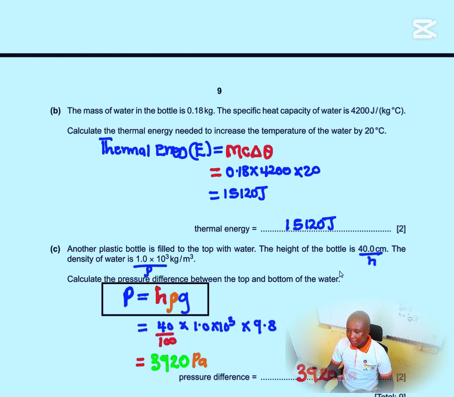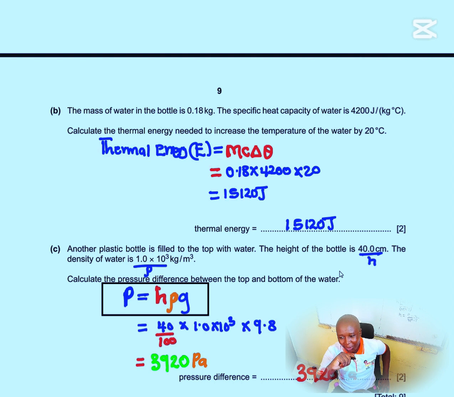The mass of water in the bottle is 0.18 kg, and we have the specific heat capacity of water. Now you can see they are bringing the concept of thermophysics inside this. Under thermophysics, we learn how to calculate thermal energy, and thermal energy equals mass times specific heat capacity times temperature change.